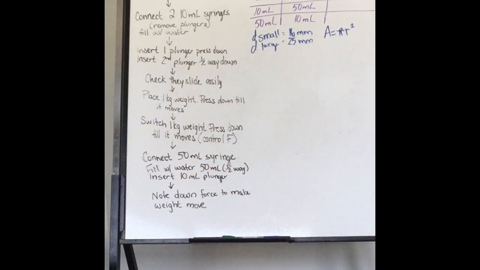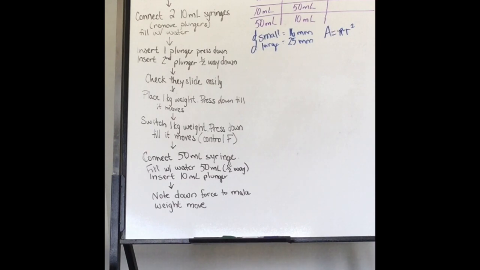So now that we have finished all 3 experiments, you should have for 10 mil to 10 mil, that was our control, and I said it was around a medium effort. Then 10 mil was the one I pushed on, and the 1 kilogram was on the 50 mil.